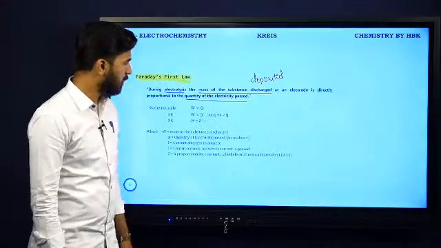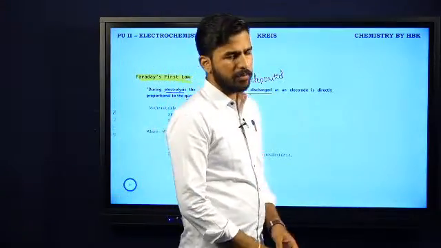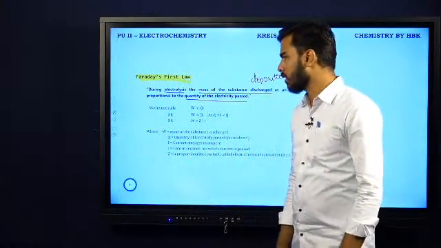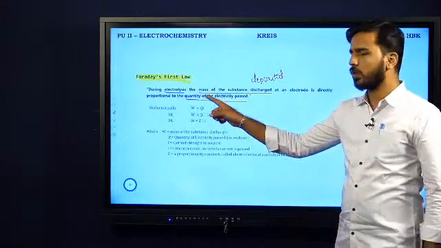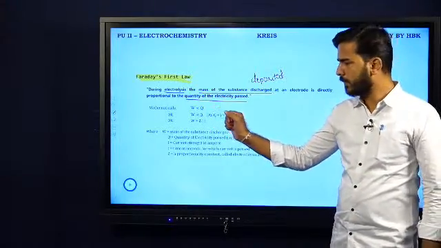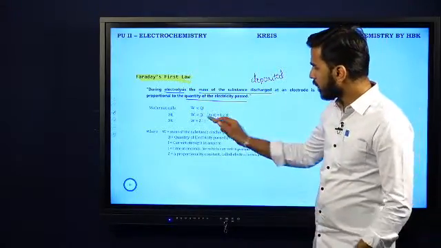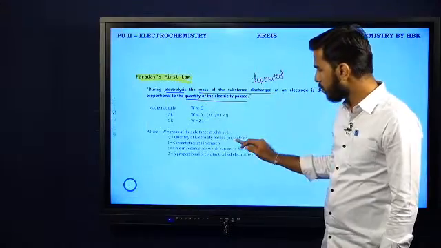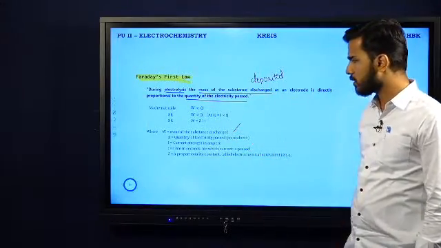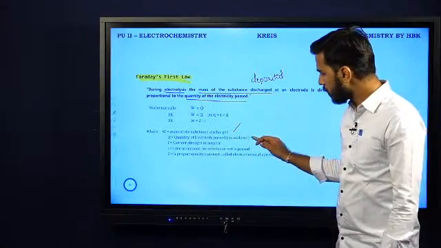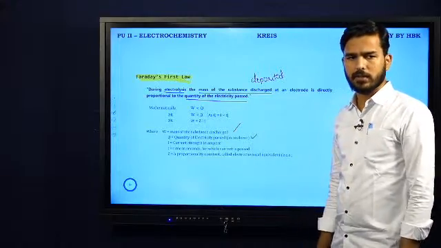Faraday's first law states that during electrolysis, the mass of the substance deposited is directly proportional to quantity of the electricity passed. Therefore, mathematically, W is proportional to Q, where W is mass of the substance discharged and Q is the quantity of electricity passed.